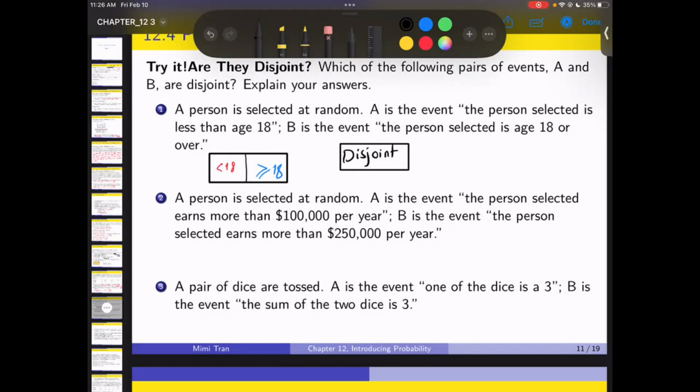What do you think? A person is selected at random. A is the event the person selected earns more than 100K per year. B is the event the person selected earns more than 250K per year. Disjoint or not disjoint?